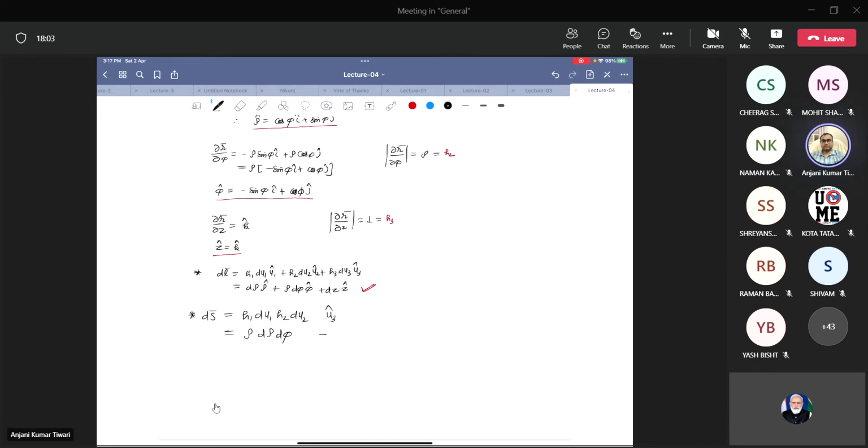I'm not writing it, but if you want, you can write that it is in the k direction. Now what is dv? dv is h1 h2 h3 du1 du2 du3. So that is rho d rho d phi dz.